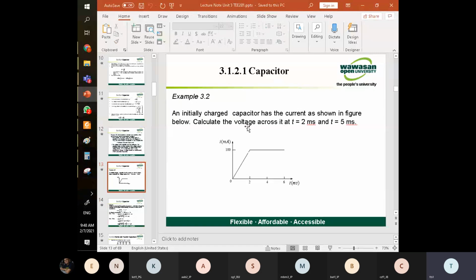You are given this current waveform. Initially 0, and then it's rising to 100 milliamp, and then it stays constant.